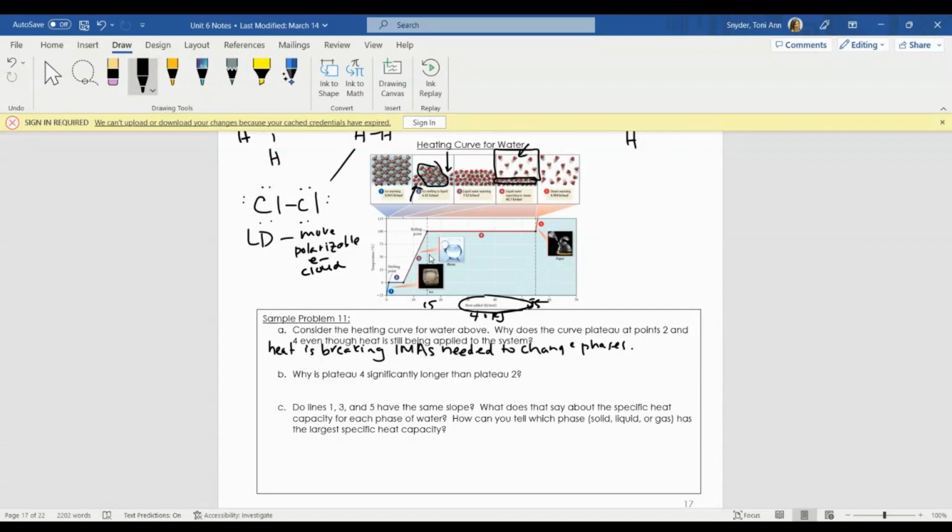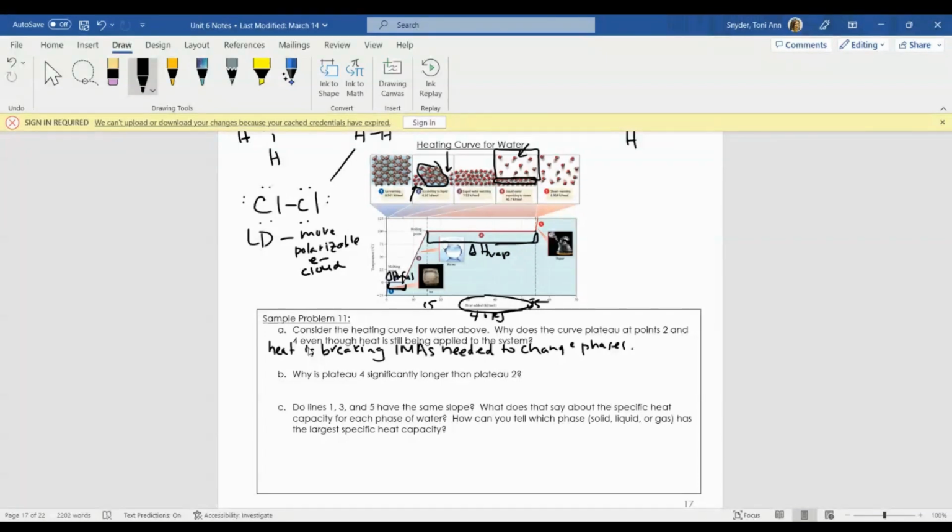Question 2 is asking, why is plateau 4 so much longer than plateau 2? If I notice, I have to input a heck of a lot more energy to vaporize water than I do to melt ice, okay? We can compare the enthalpy of fusion, right here, versus the enthalpy of vaporization. I can compare those values by looking at a heating curve.